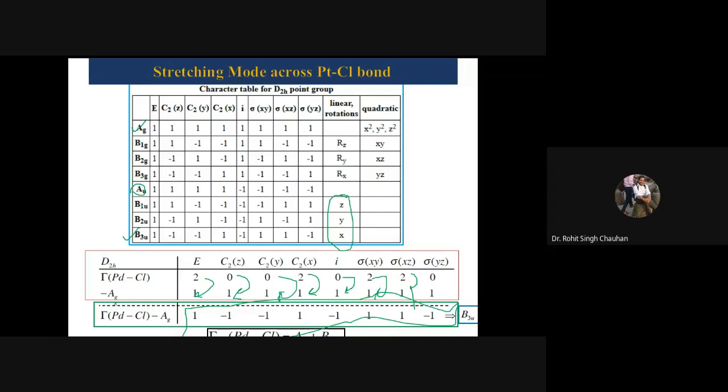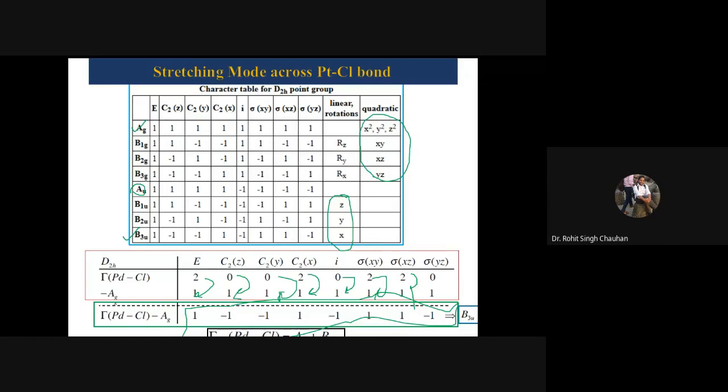Okay. For Raman, you need to see the quadratic functions. That quadratic function was this. So X, Y, Z square is present in front of AG. XY is present with respect to B1G. XZ is present with respect to B2G and B3G.